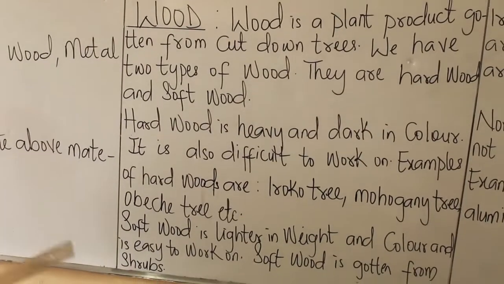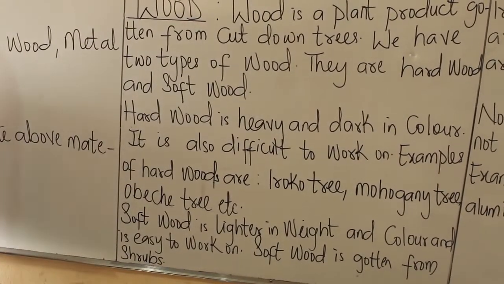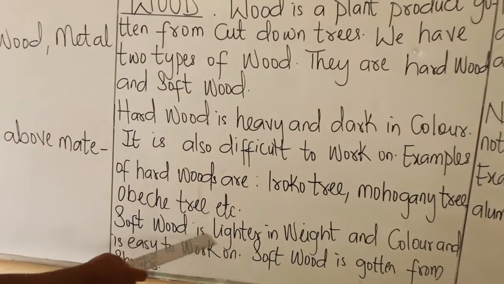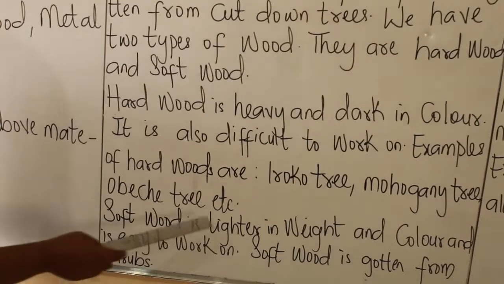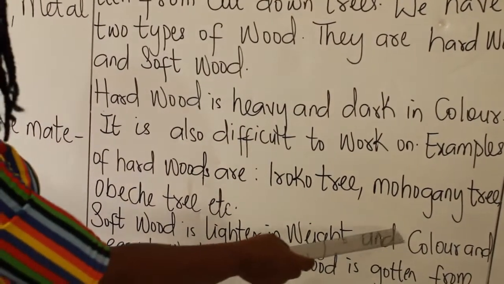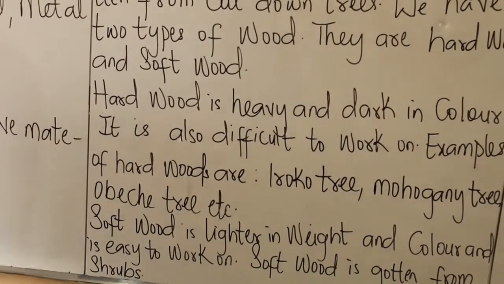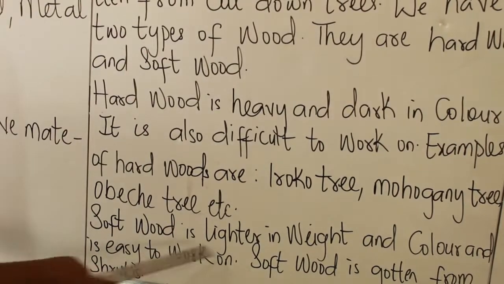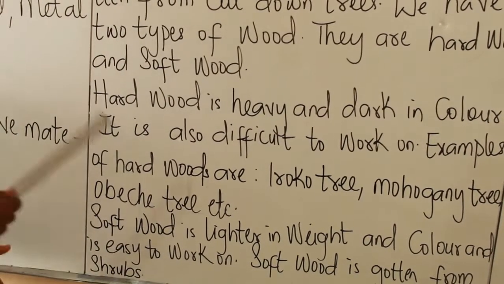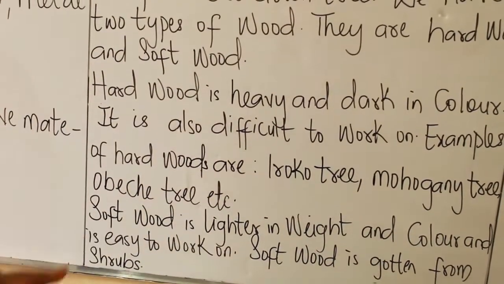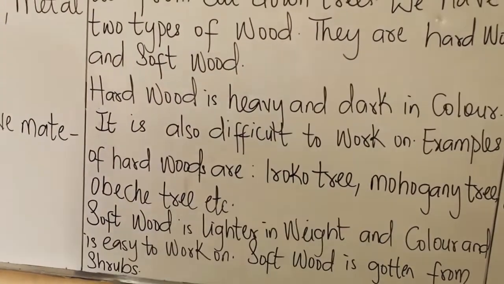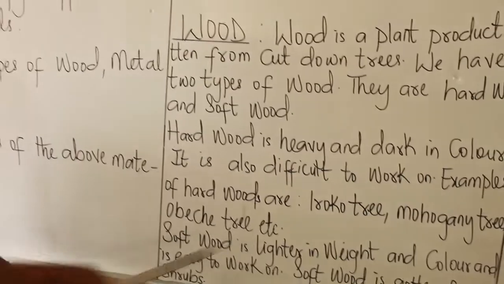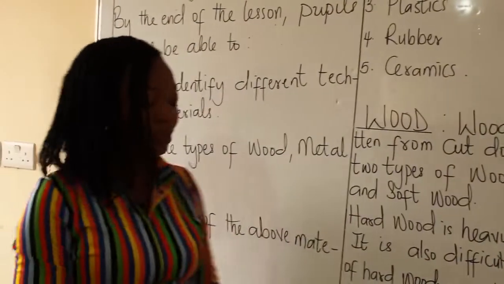The next type of wood is the softwood. The softwood is lighter in weight and color when compared to hardwood, and unlike hardwood, it is usually easy to walk on. Softwood is gotten from shrubs.